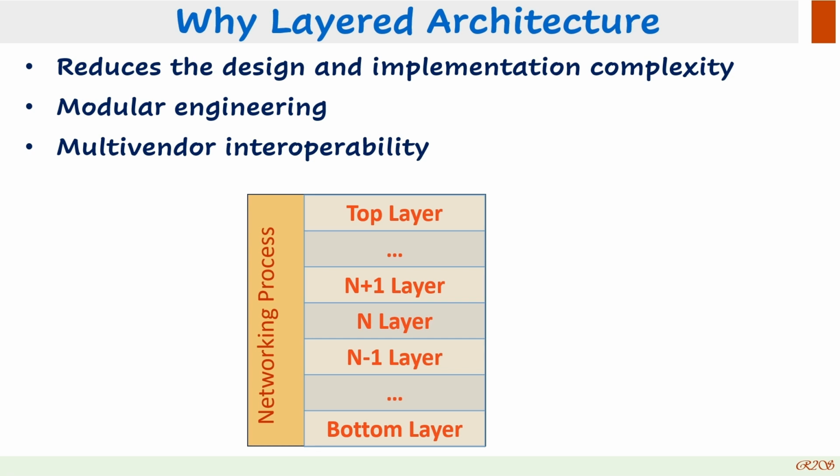Another important part is that in the market we have different vendors, for example Cisco, Juniper, Nokia, and IBM. Many different vendors develop their own devices, applications, and protocols, but they all need to work together, because different parts of the world or different organizations may use different companies' products.